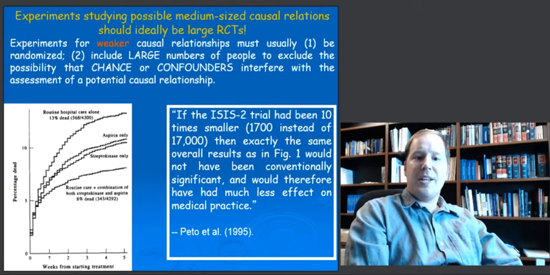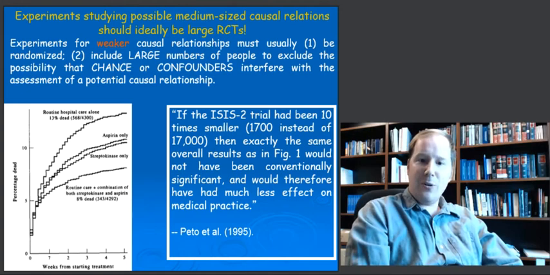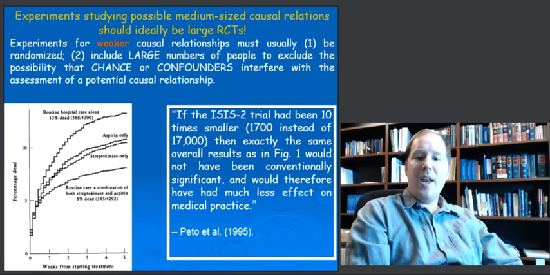And this, in fact, was the case if we go back and look at the aspirin study again. What he says here, and here are the results on the left-hand side from that aspirin study, is number one, that if the ISIS-2 trial had been 10 times smaller, that is, only 1,700 in the population instead of 17,000, then exactly the same overall results in number one would not have been conventionally significant by a statistical measure. In other words, we wouldn't have been able to rule out these possibilities as mere chance.